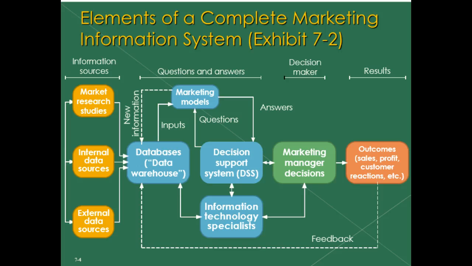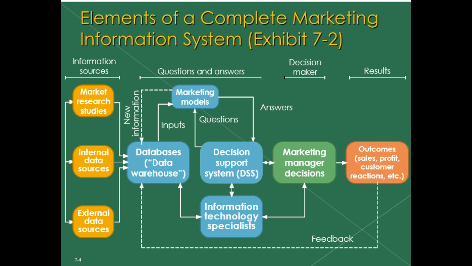The information sources can include internal data, sales figures, for example, from within the company, and external data sources, which could be statistical information. You can get information from governmental websites and all over. All of this information is placed into databases, which is considered the data warehouse or sometimes marketing warehouse, depending upon who you're talking to.